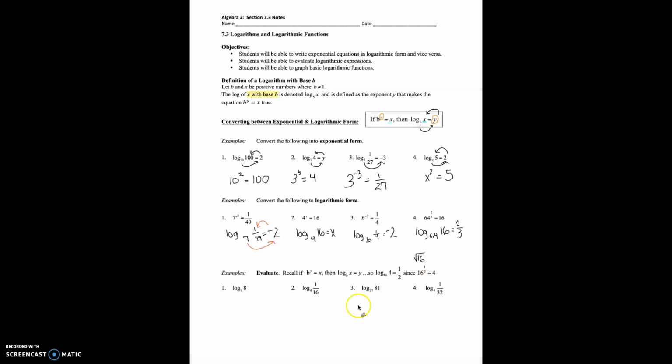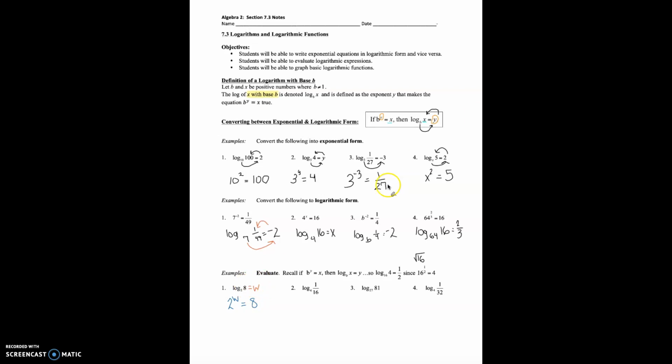So let's try number 1 out. Log base 2 of 8. So we're going to think to ourselves, actually, let me just show you a trick that sometimes people find a little easier. Let's just say this is equal to W. So if I do that, I'm going to say 2 to what power W equals 8.